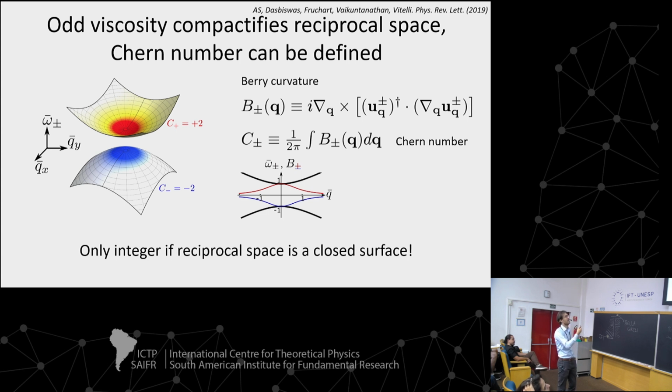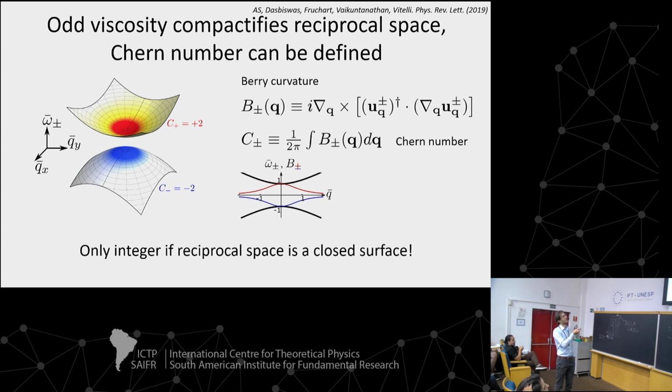But the more interesting thing about it is the fact that for each of these bands, below and above the gap, you can compute a topological invariant and associate this invariant with this band structure. And it's invariant in the sense that if you perturb this band structure in some way, it won't change. It's an integer and it can't change.